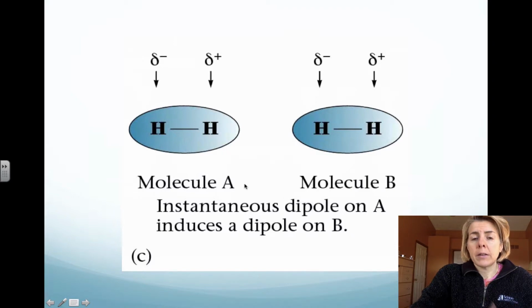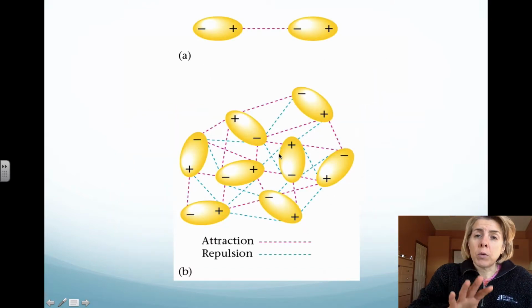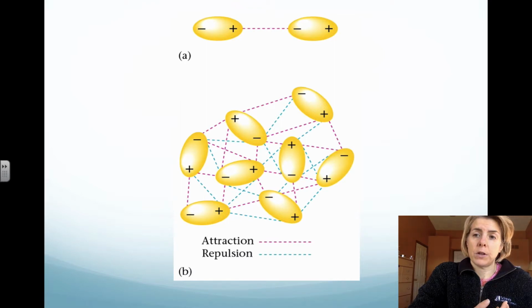We could have, like I said, one molecule forcing another molecule to have the same situation here. So notice we have hydrogen. One hydrogen atom bonded to another has less electron density, and it forces another element or molecule to acquire the same kind of induced dipole. Just like we saw with water yesterday, they can rearrange themselves so that the opposite charges are facing another molecule with a different charge.